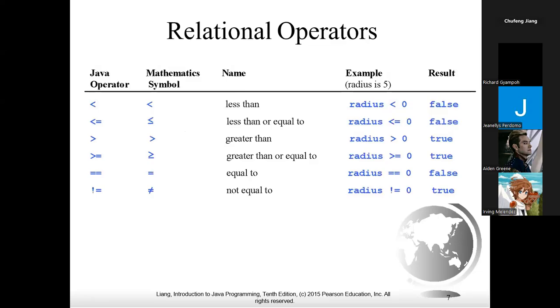And here are the overall 6 relational operators. Less than or equal to, greater than or equal to, and the two equal symbols, we say that is the true equal to. So let's recall, what about the single equal symbol? If there is only one equal symbol, that means we are going to assign a value to a variable, right?